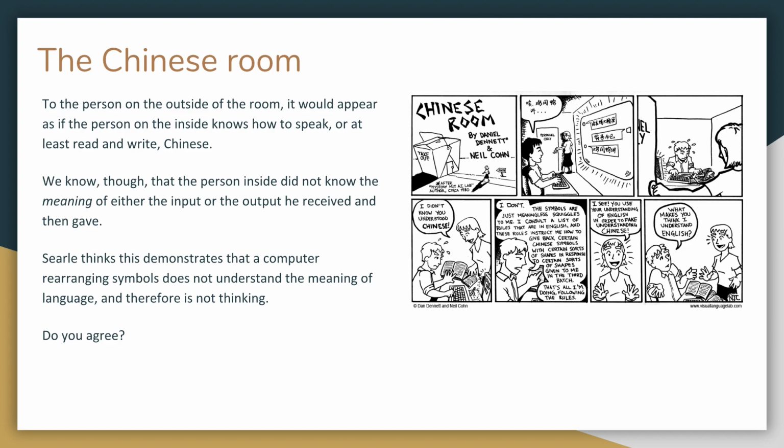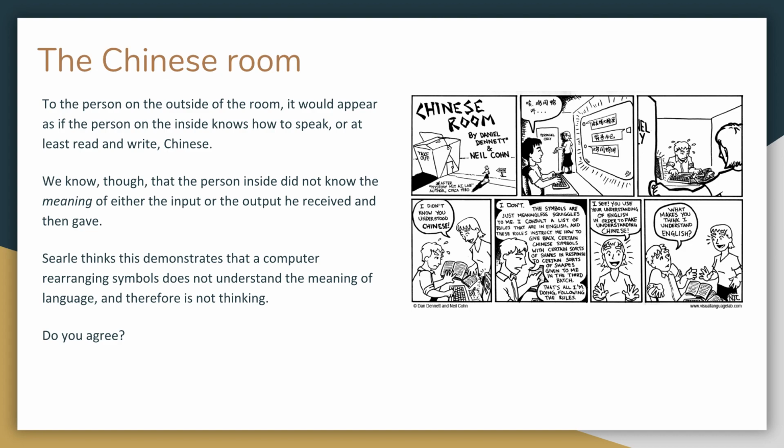So maybe this cartoon, if you're feeling a little confused, might be able to illustrate it a little bit better for you. But of course, the analogy is that the instruction manual that the English speaker follows inside of the room is akin to software or programming that a computer could use to fool the interrogator in the Turing test.